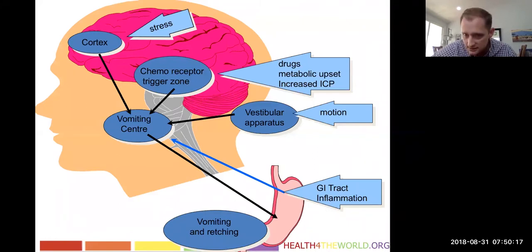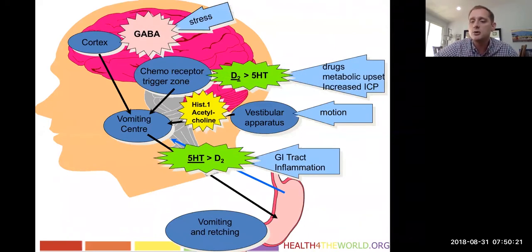Now this next addition to the slide is the piece that I really want you to try and remember. The question is, which receptors are in these particular areas? Because that will help us decide which medications we're going to use, because all of our nausea medications target particular receptors or groups of receptors. So for stress, we think about GABA. For the chemoreceptor trigger zone, thinking about toxins, we think about dopamine.